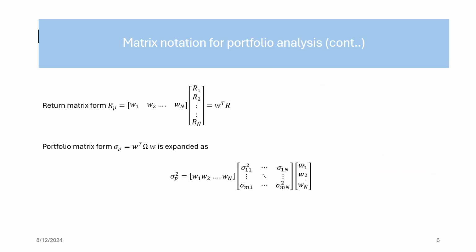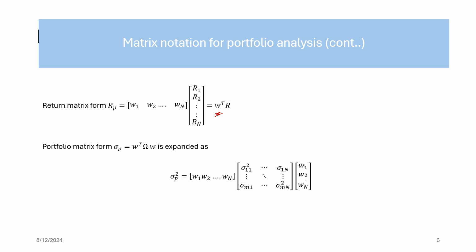Continuing and expanding the matrix form, we'll then have the return expressed as a row of w1, w2, up to wn, all the weights multiplying into the return vector. I can imagine the w T here representing the weight transpose, in the sense that we originally had a vector of weights as a column.